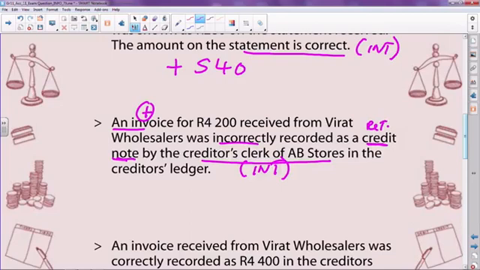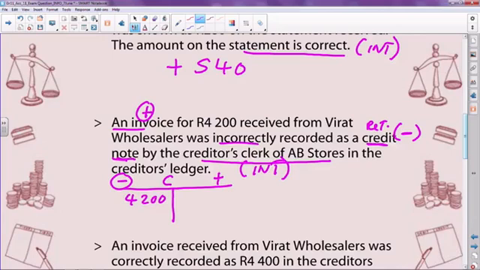And when you return goods, obviously that decreases the balance you are owing your creditor. So you bought on credit. So instead of adding 4,200, I'm just going to draw a T account here. So you've got your particular creditor. Instead of adding 4,200 by mistake, we treated this as a debit note. We subtracted an amount of 4,200.